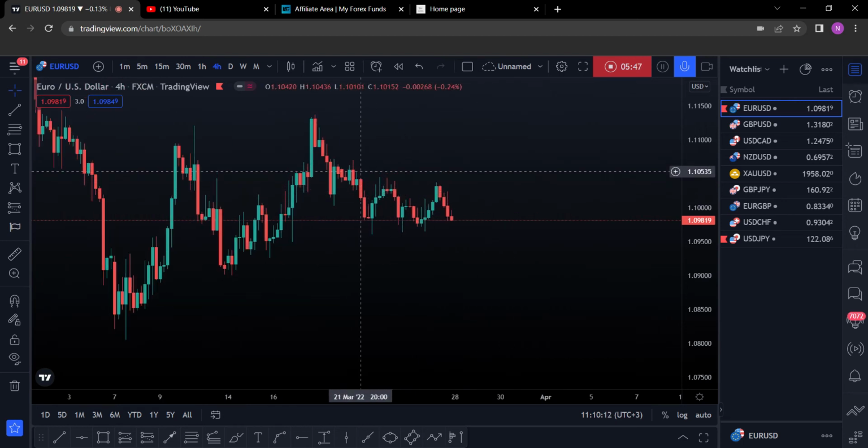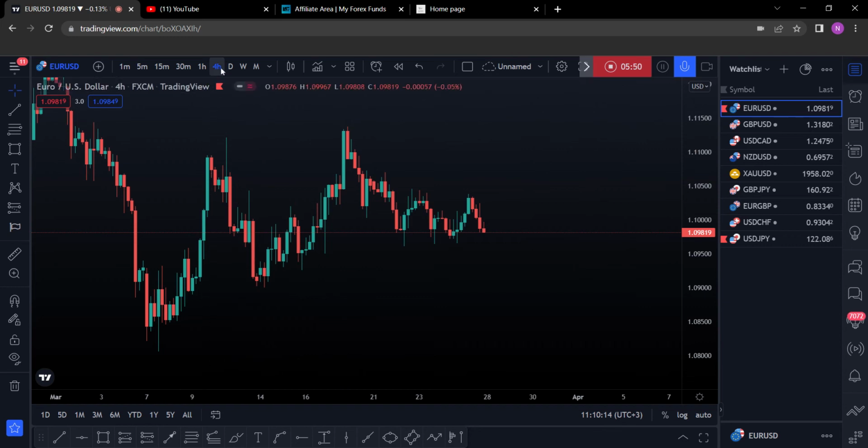Euro USD. First things first, you always want to observe structure. You want to map out the recent highs and the recent lows like this. This is what gives you direction in the market. This is a high, but this high is not valid because it didn't break structure.